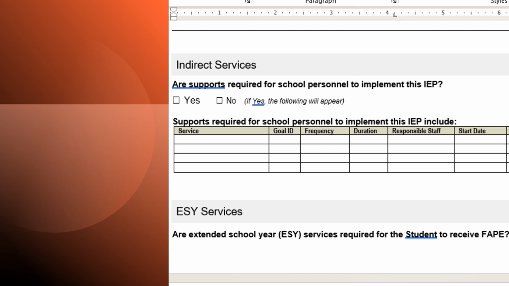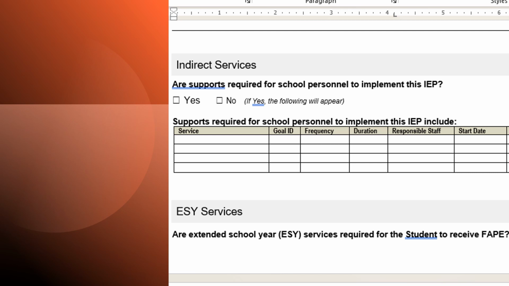And then there's the ESY services, which is the extended school year services. Most students who are on an IEP will get invited to the extended school year services.